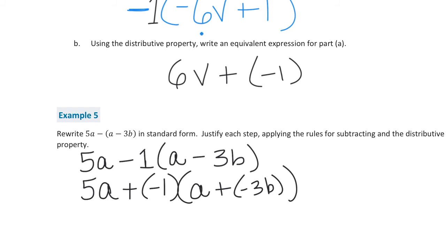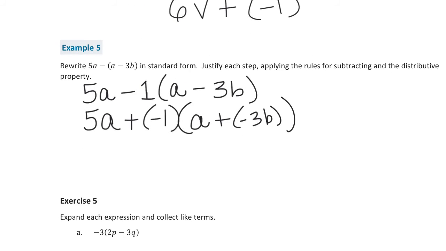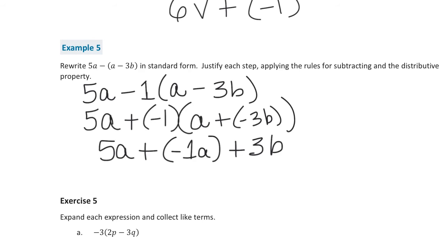So now I can use my distributive property and multiply negative 1 through what's in the parentheses. So negative 1 times a makes that negative 1a plus negative 1 times negative 3b makes that a positive 3b.